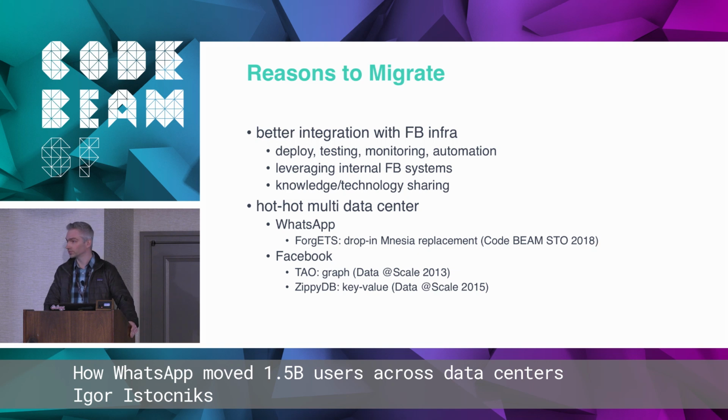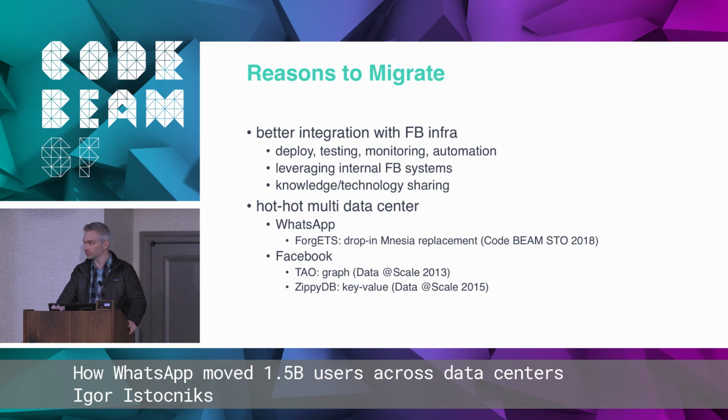Moving a little bit forward, the systems that allowed us to move to the hot multi-data center architecture were partially part of Facebook, and some were built in-house. One notable example of a system that was built in-house is Forgets, our drop-in Amnesia replacement that Mihail talked about last year in Sweden.